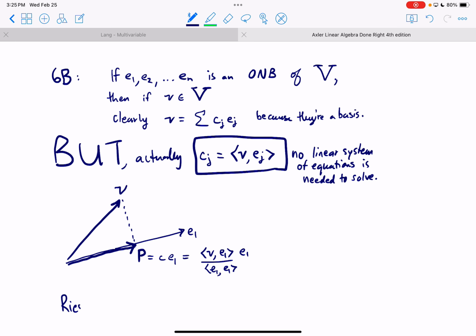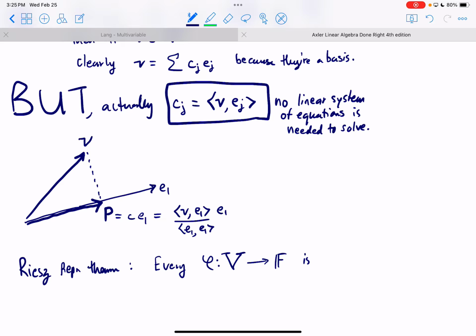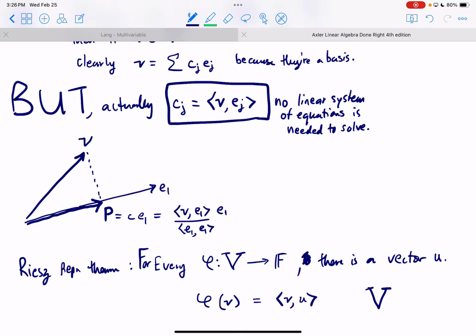The only other thing from 6b was the Riesz representation theorem, which says that for every linear functional phi, there is a unique vector u such that phi of v is just <v, u>.